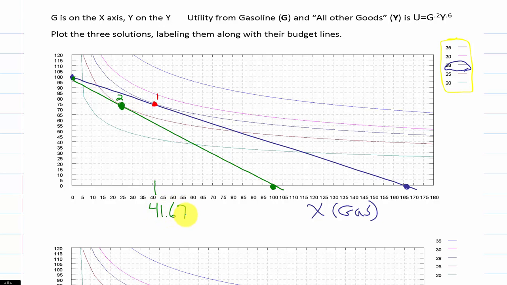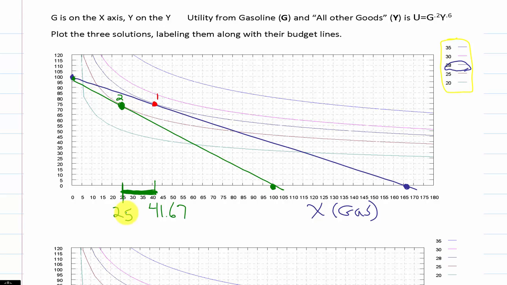After the price increase, this example person will be buying 25 gallons of gasoline. The Slutsky equation says that we can split this total effect into two. We can split the total decrease from 41.67 to 25 into two separate parts.